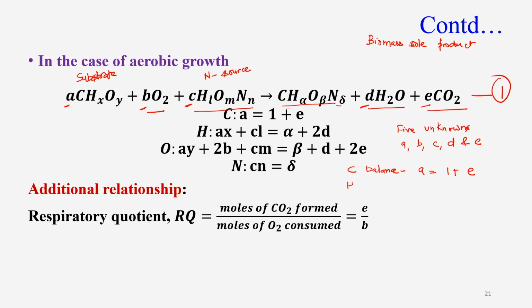We go for hydrogen balance. On the left side the hydrogen is Ax plus Cl, and on the right side the hydrogen is C alpha plus, in the water, 2D. We go for oxygen balance.